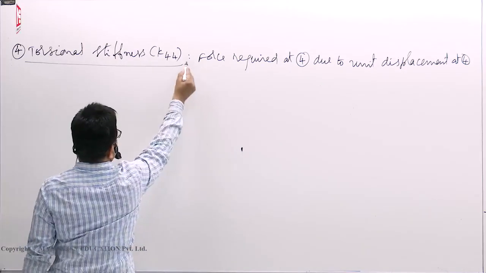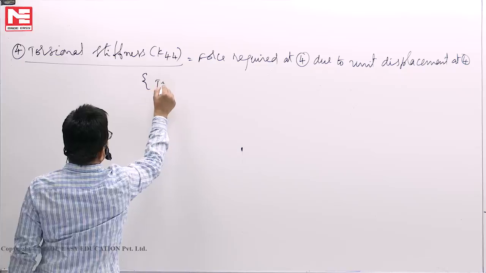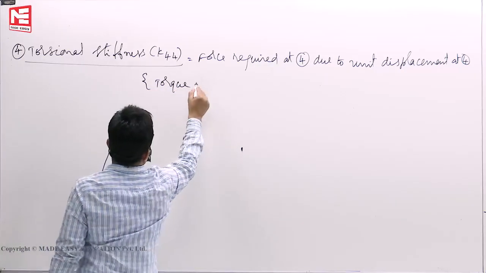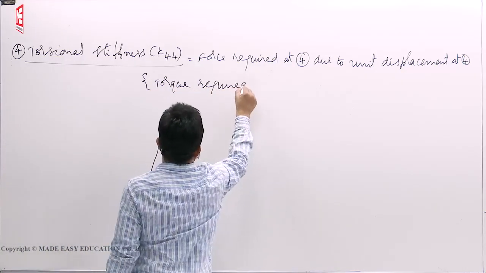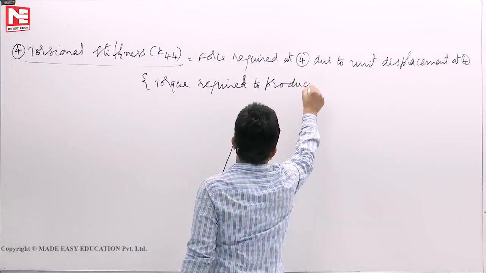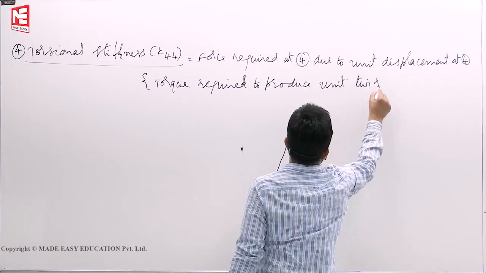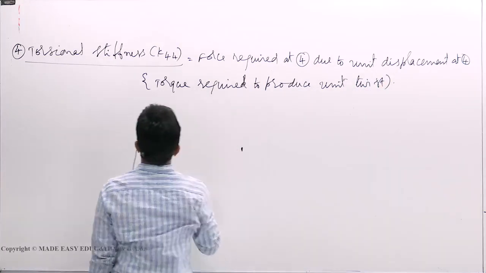This we know, this is the meaning of that. Or we can say force here means torque. Torque required to produce unit displacement means twist. Torque required to produce unit twist.